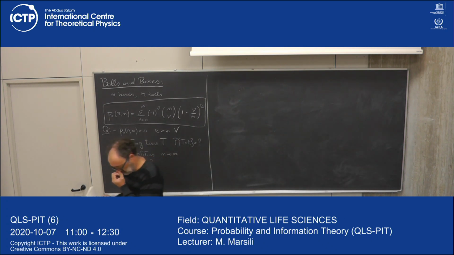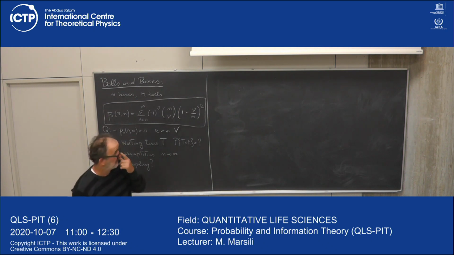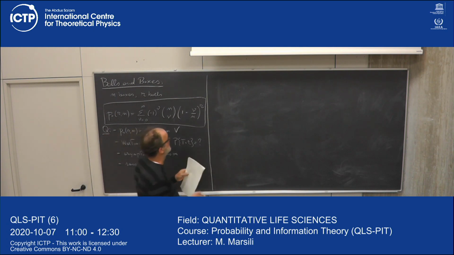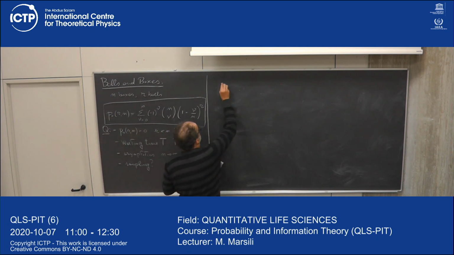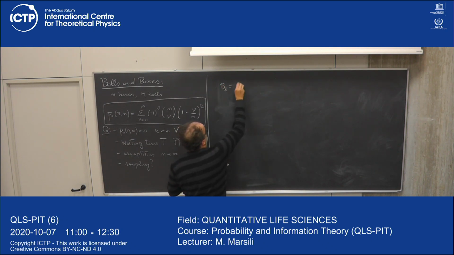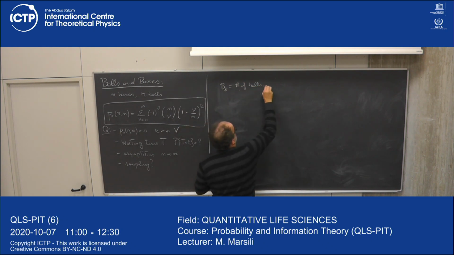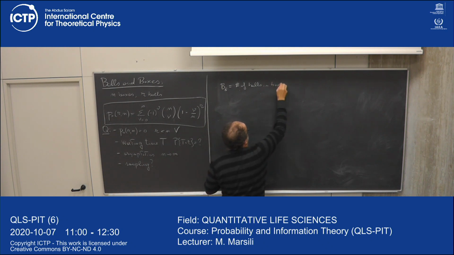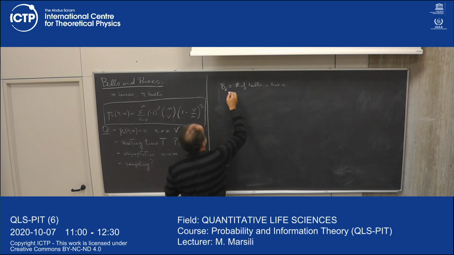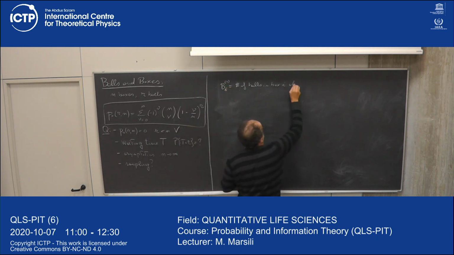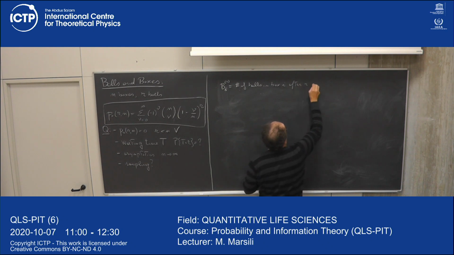and we ask what is the probability that there will be a certain number of balls. Let's say Bi is the number of balls in box i, and this depends also on R as R grows.